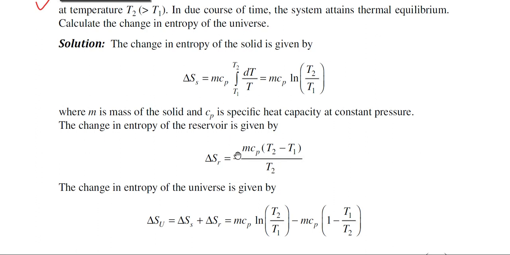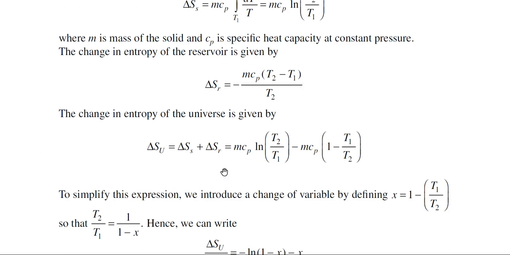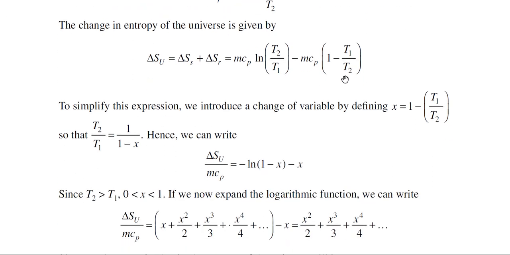So, if we consider the total change, you have to add them up, delta S of the solid and delta S of the reservoir. Now, we will simplify this expression. We assume x is equal to 1 minus T1 by T2. So, after rearranging, T2 by T1 is equal to 1 by 1 minus x.